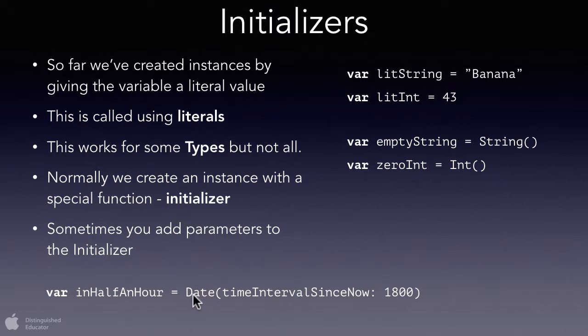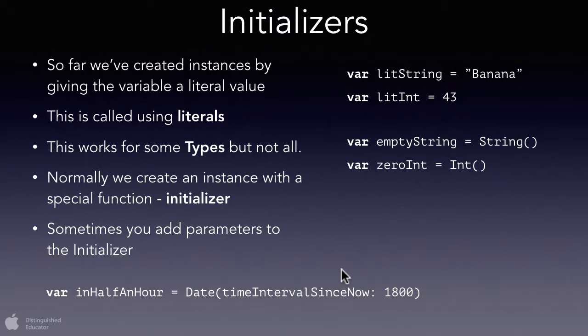The same thing is done down here, but here we also give a value. If you just call date without anything in the middle, that will give you the time right now. But if we say date and then time interval since now, 1800, that will give us the time half an hour from now, because these are the amount of seconds from now until the time we're talking about.